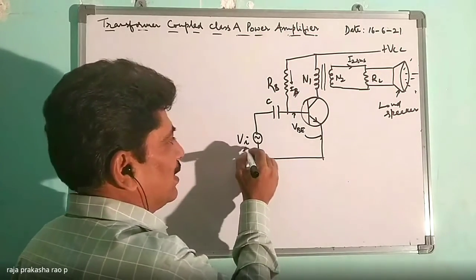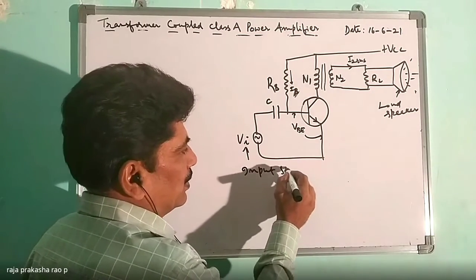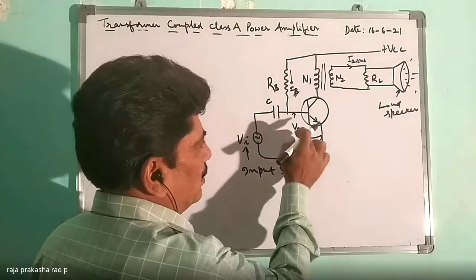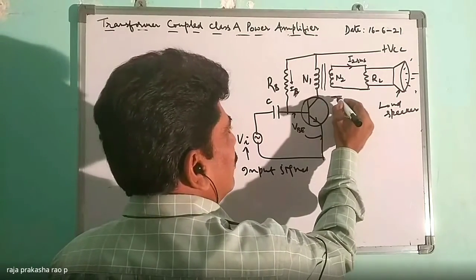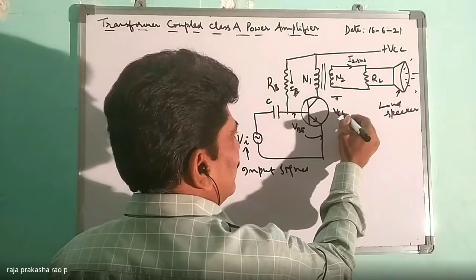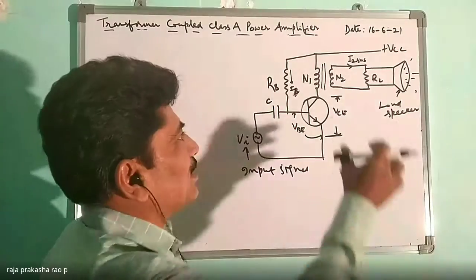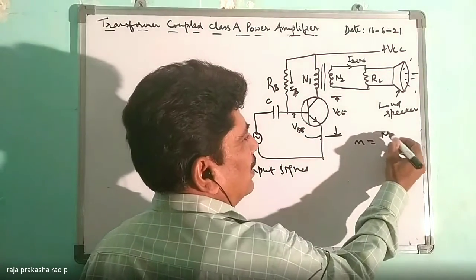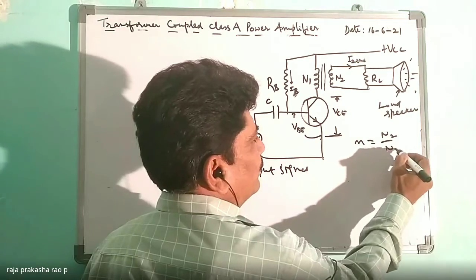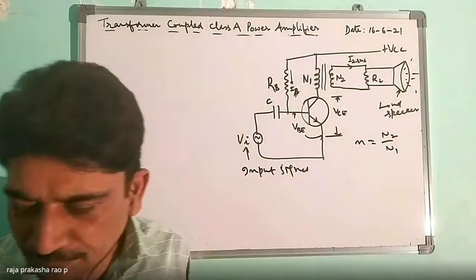This is input signal. The input is to the NPN transistor and the output voltage is VCE. That's about the transformer. N is the turns ratio, that is N2 by N1. And this is loudspeaker connected across the secondary.